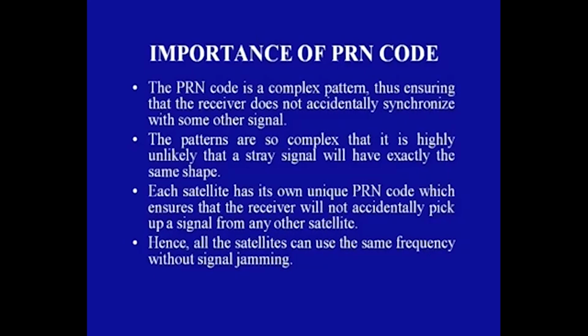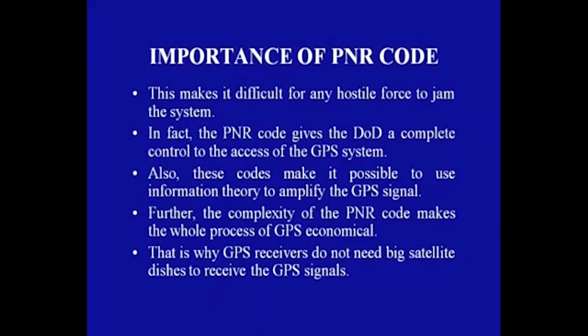In order to do so, each satellite has been provided with a unique PRN code which ensures that the receiver will not accidentally pick up a signal from any other satellite. Hence, all the satellites can use the same frequency without signal jamming. Well, this also provides another advantage, and that is that the system cannot be tampered with by any hostile force which may try to jam the system.